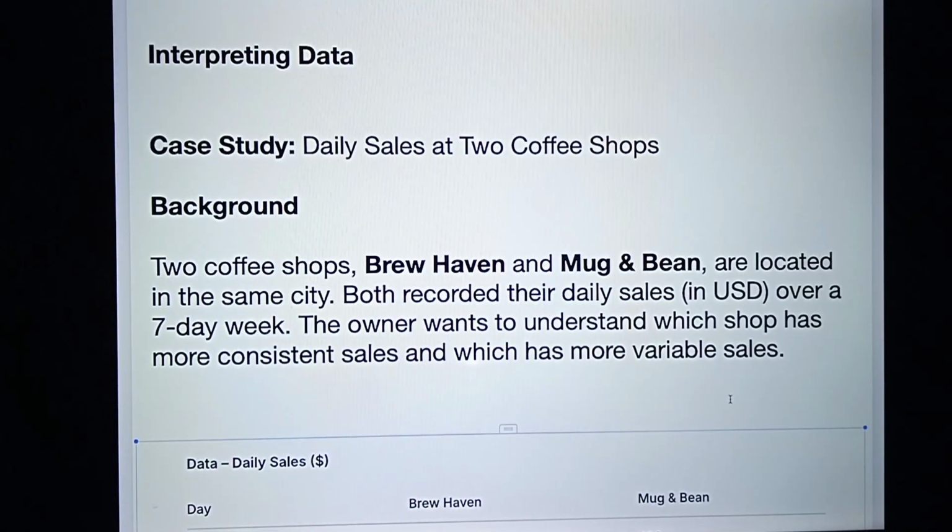Hi everyone, welcome back. Today we will learn how to interpret different summary measures of data, including the mean, range, variance, and standard deviation. To make these concepts practical and easy to understand, we will use a case study of two coffee shops, Breve Haven and Mug and Bean.